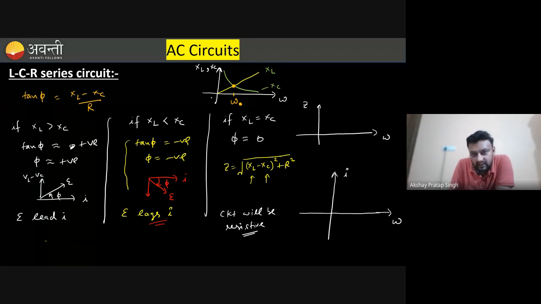Starting from 0, can you see that the difference of XL and XC is decreasing until omega naught? That means impedance is also decreasing, up to omega naught.